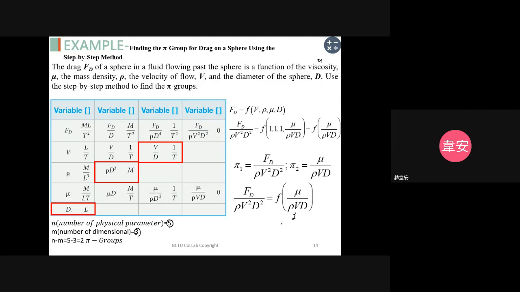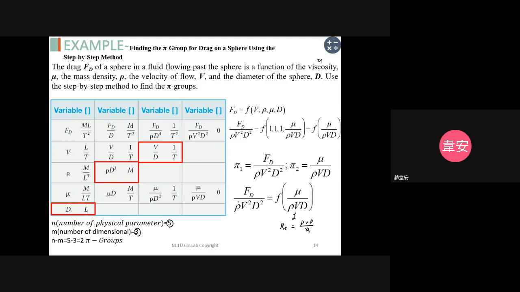This is related to the Reynolds number. As I mentioned, the Reynolds number is rho vd divided by the viscosity, which can be used to describe whether the flow condition is laminar or turbulent. The left-hand side is a very famous coefficient, which we call the drag force coefficient.